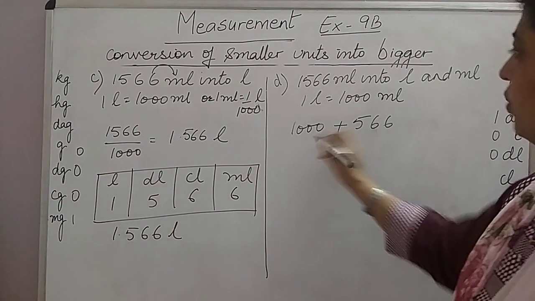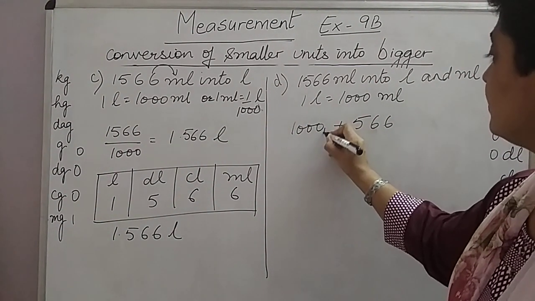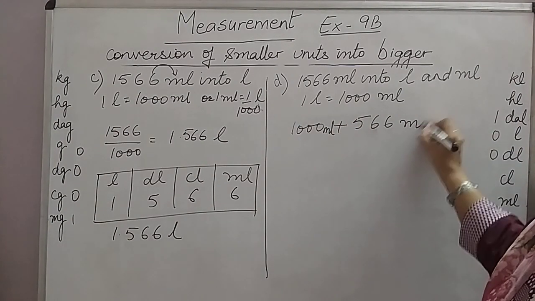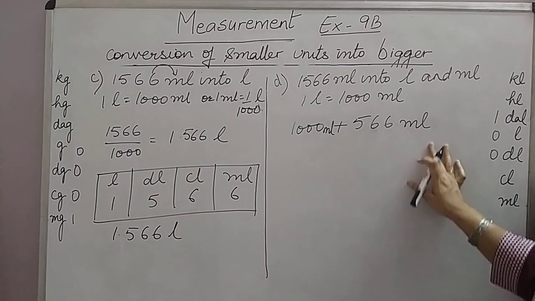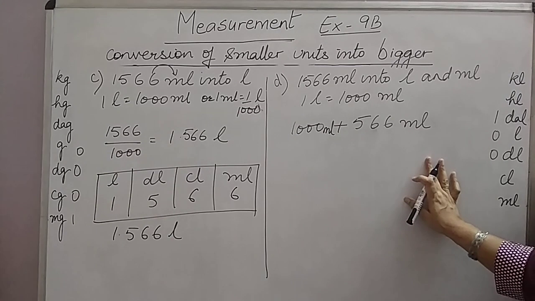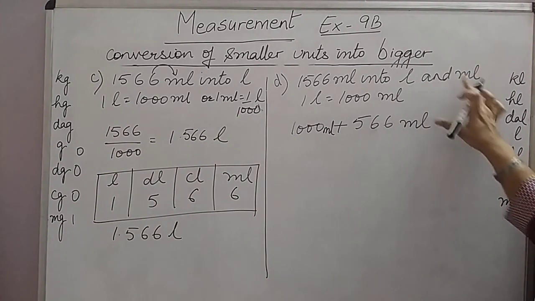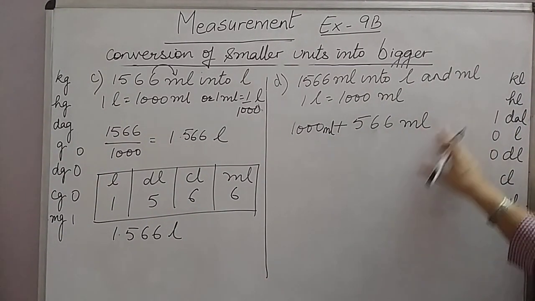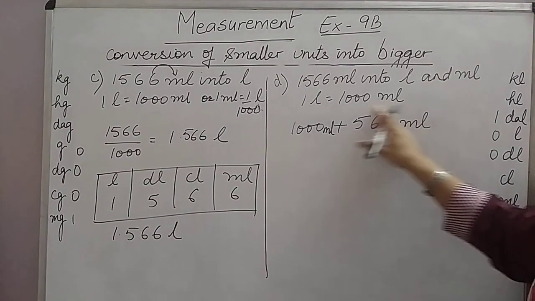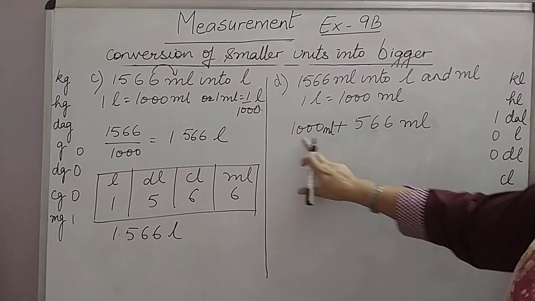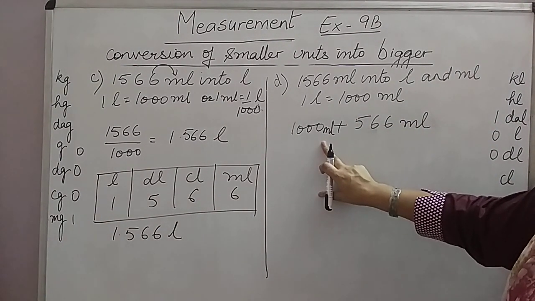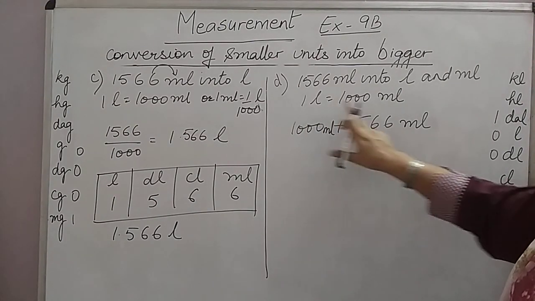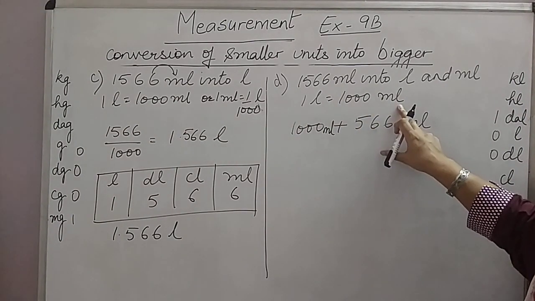But the unit with both right now is milliliter. We have not converted it into liter. This is also milliliter and this is also milliliter. And we have to give the answer in liter and milliliter. Now this cannot be converted and this will remain as milliliter only. But this part can be converted into liter, since 1 liter is equal to 1000 milliliters.